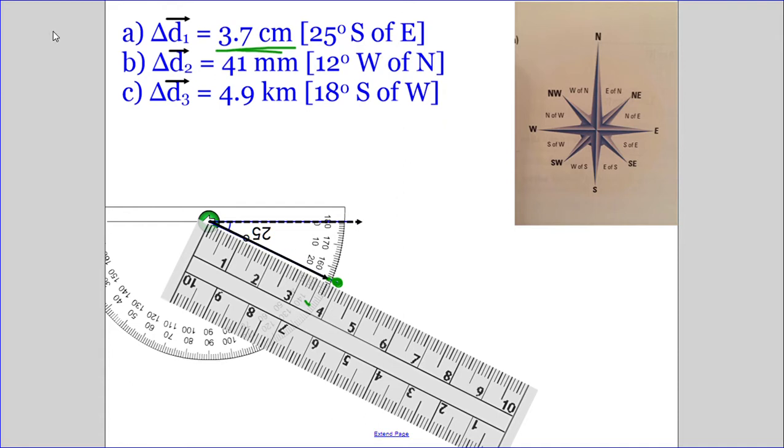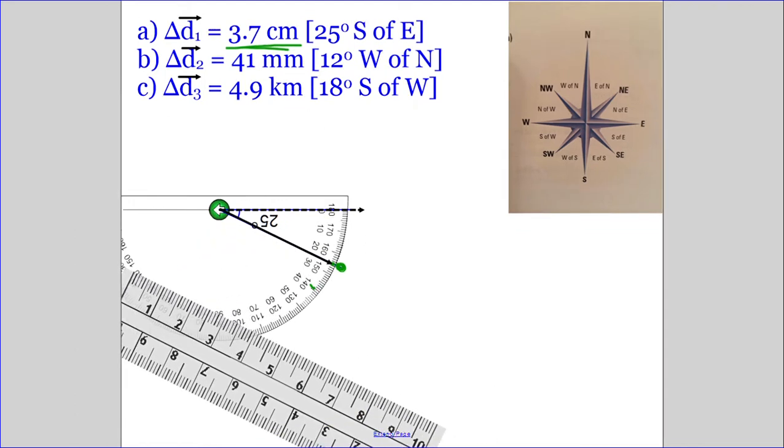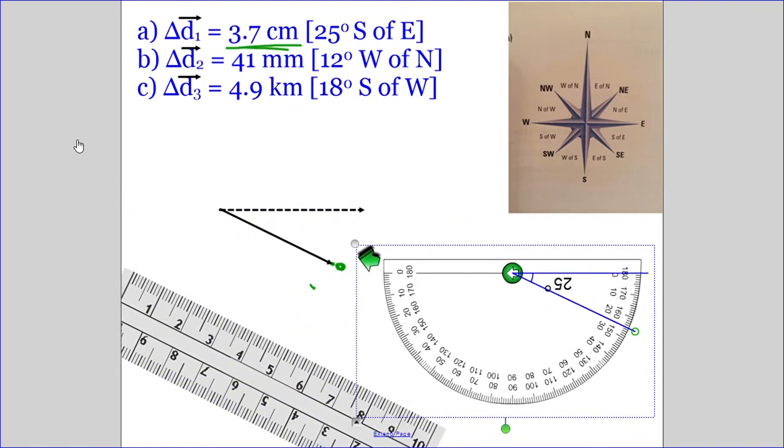Now if I were to move everything out of the way so you can see what the final thing looks like, okay, this final value now, we can get a sense of what this is. And so all I would do after that is fill in what this is. So we knew that this was 25 degrees, and we know what our magnitude is because our magnitude was 3.7 centimeters.